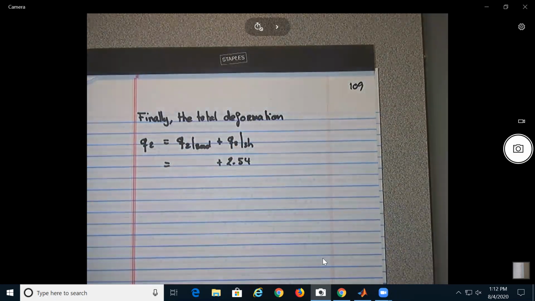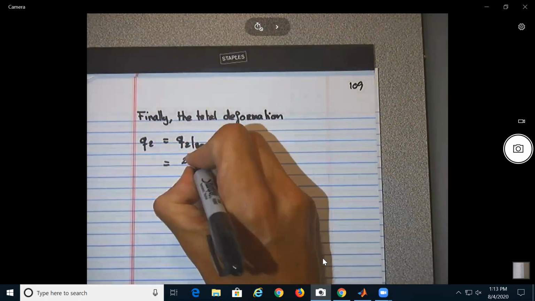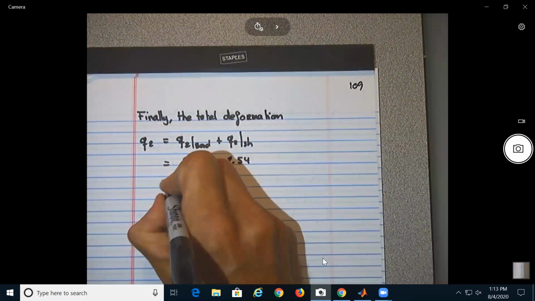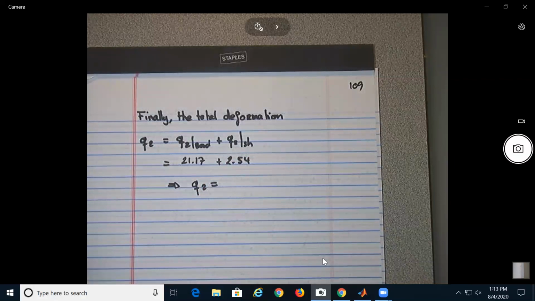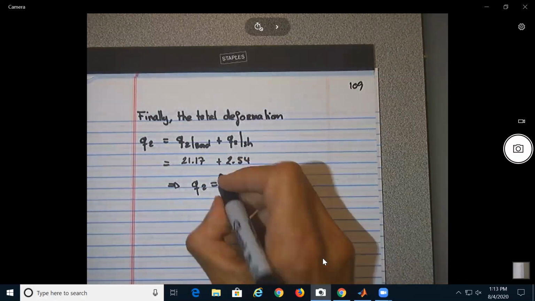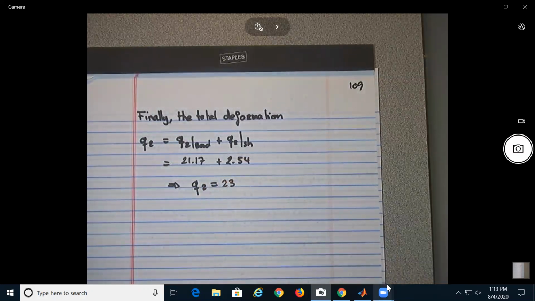So the 1-2 bending was equal to 21.17. 21.17. So the total deformation of Q2 is 23.61 or 0.6.